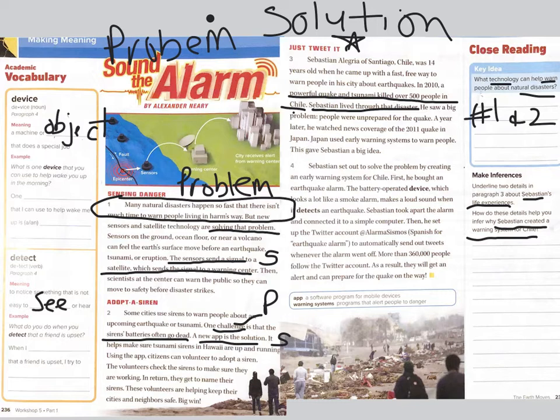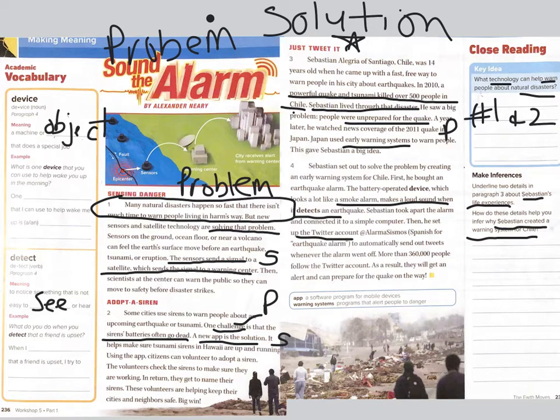So what he did was, the problem was that people were unprepared for the quake. That is our problem. Now, his solution was an early warning system like Japan, and then he took a smoke alarm that made a loud sound that detects an earthquake, and then he created a Twitter account to alarm people.